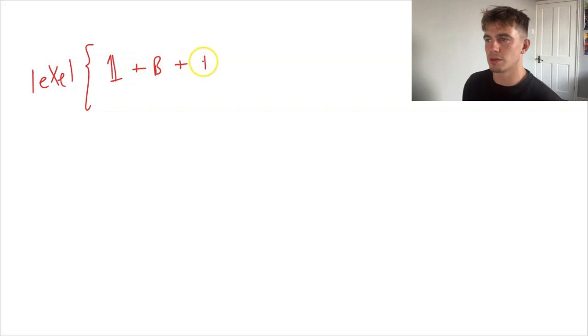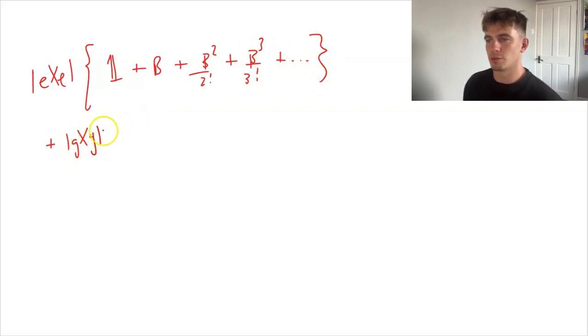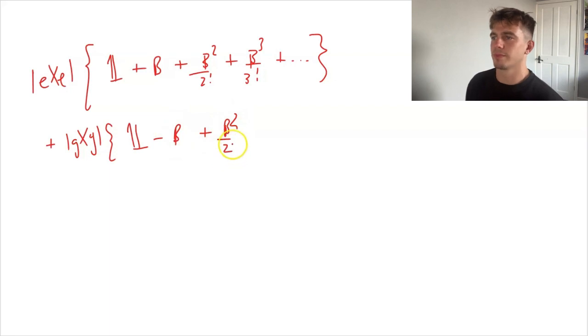So when I do all that, I collect the EE terms and I see everything that's multiplied by EE, and what I get is identity plus b squared over 2 factorial plus b cubed over 3 factorial, and so on. And then I collect all the GG terms, and what I find is identity minus b plus b squared over 2 factorial minus b cubed over 3 factorial, and so on.